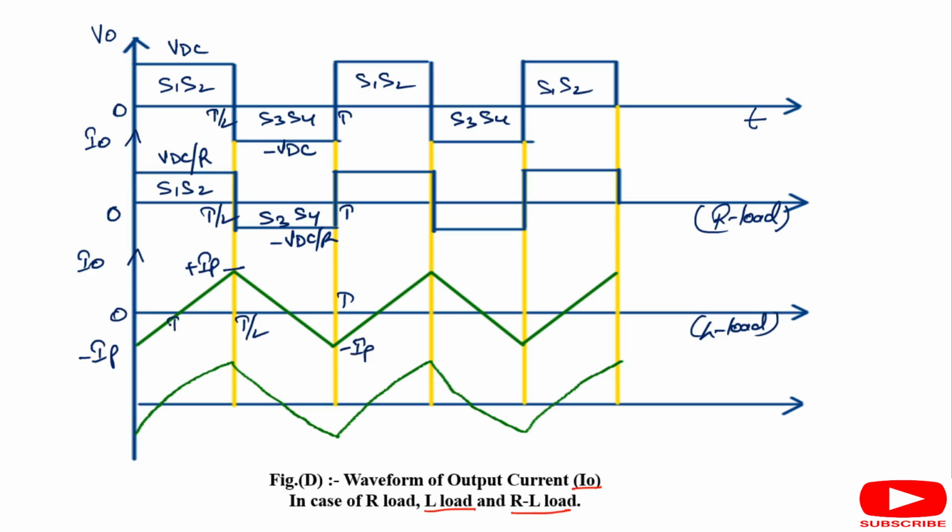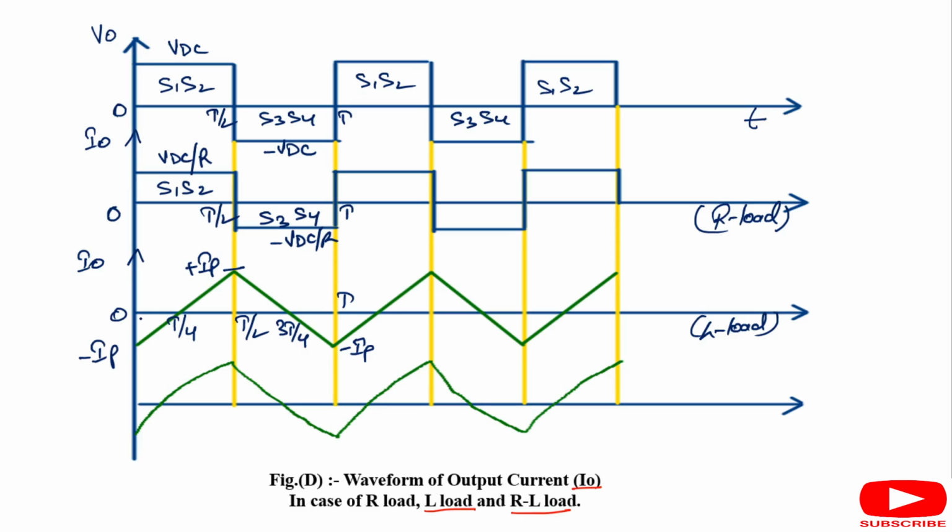So for 0 to T by 4, and for T by 2 to 3T by 4. For 0 to T by 4, what is the criteria of conducting the diode D1 D2? The criteria of conducting the diode D1 D2 is the output current should be negative but the output voltage should be positive.